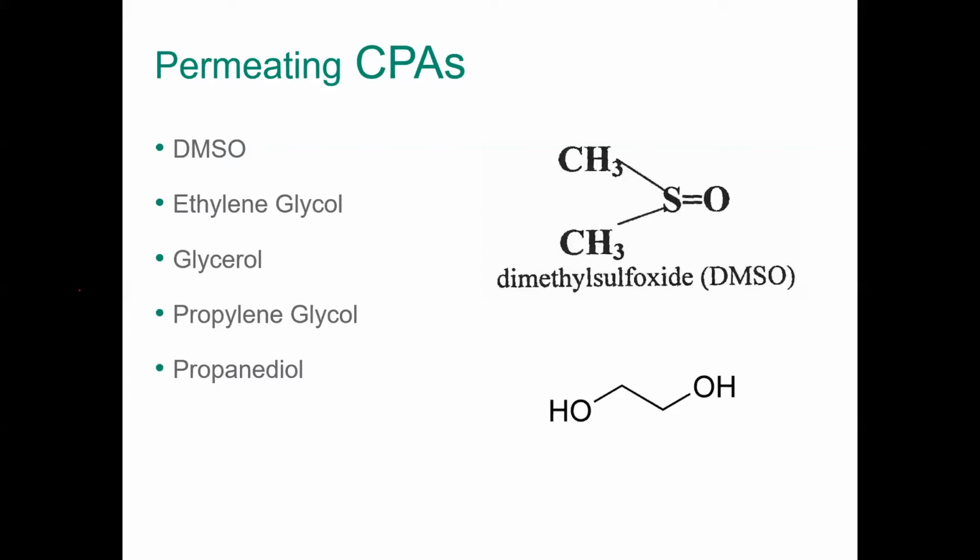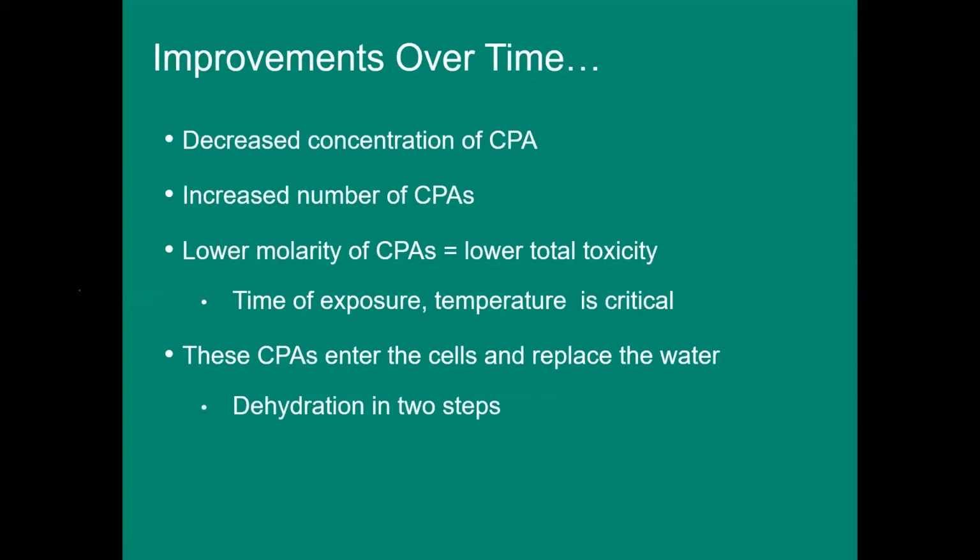And when the permeating cryoprotectant enters and replaces the water intracellularly, that also reduces the possibility of ice formation later on during the vitrification process. But with the studies and the history of studying vitrification with different kinds of cells, and also from animal studies, we have learned a lot about how to reduce the cytotoxicity.